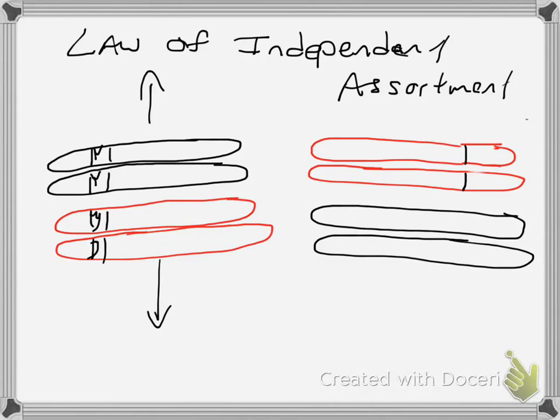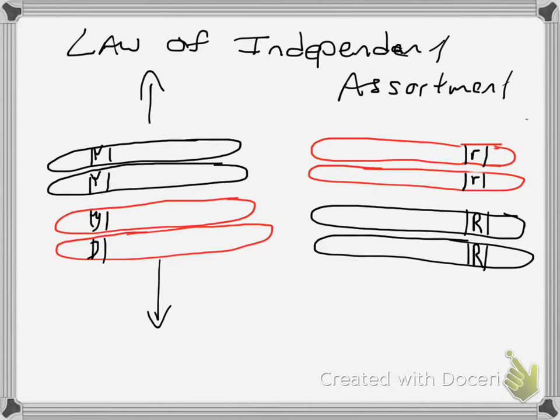Now, what we want to notice is that if we had this individual, completely heterozygous for this, it doesn't really matter where the alleles have come from. But what we want to illustrate is that we could have the round down here and the wrinkled here.